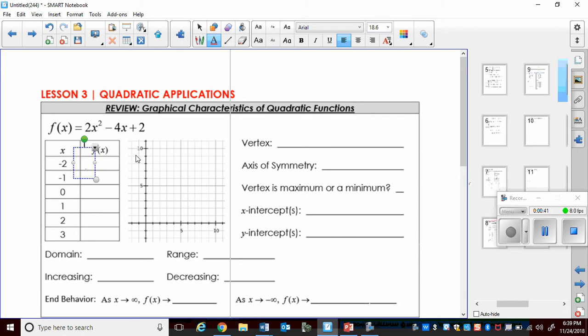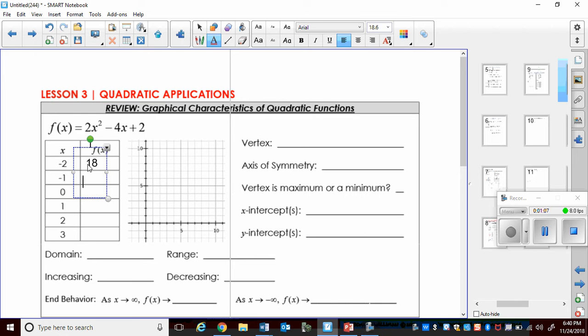So go to y equals, put in 2x squared minus 4x plus 2, and your first value will be 18. Sorry about that. We have 18.